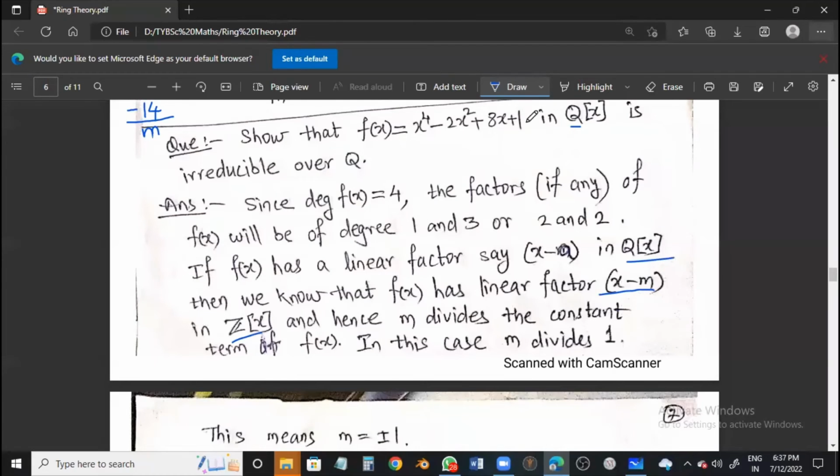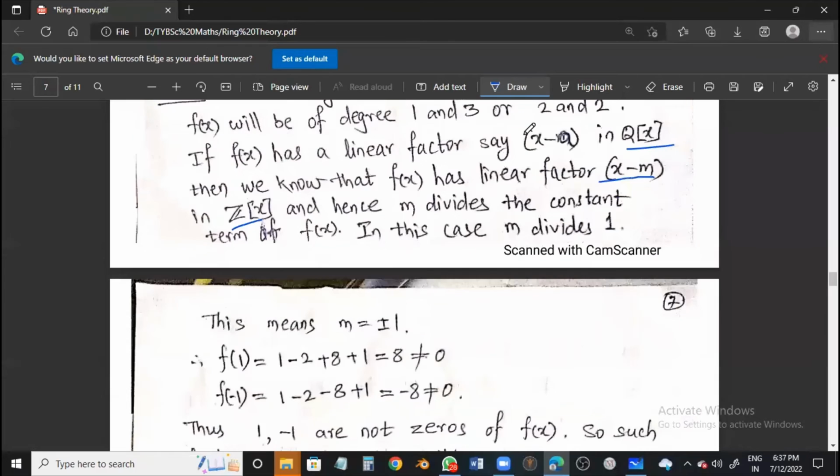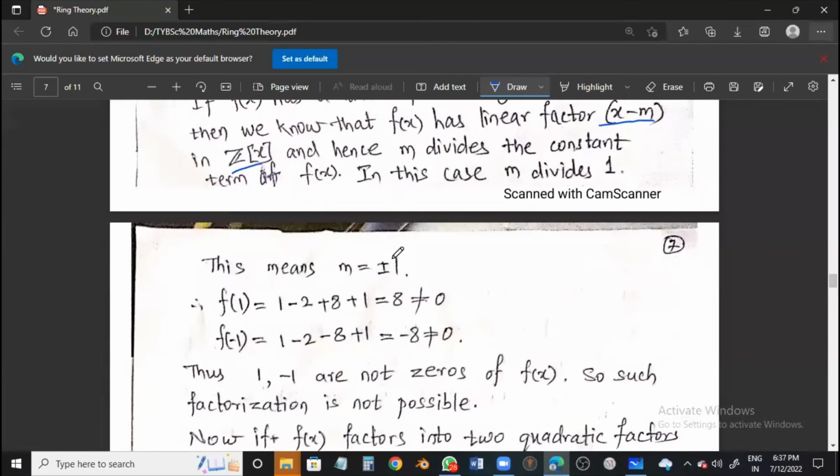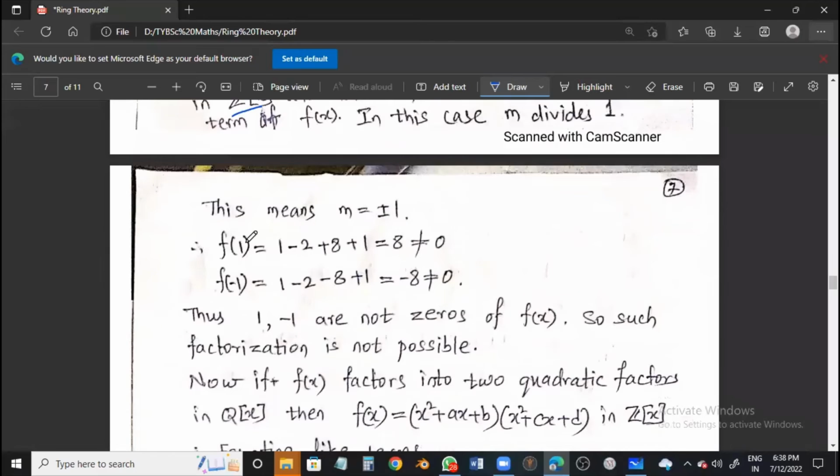So m divides 1. When is it possible? It is possible only in the case of plus 1 and minus 1. What are the divisors of 1? Plus 1 and minus 1. Now, if I take plus 1, let me compute f of 1. What happens to f of 1?